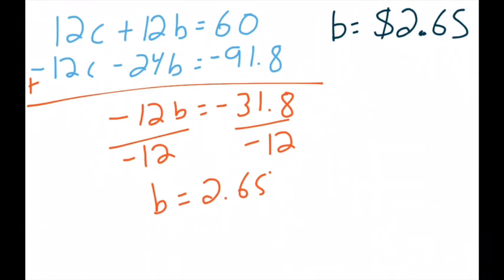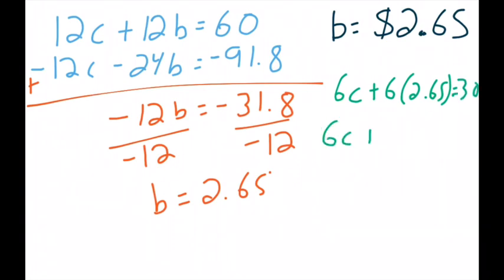So we're going to go 6c plus 6 times 2.65 equals 30. So I get 6c plus 15.9 equals 30.